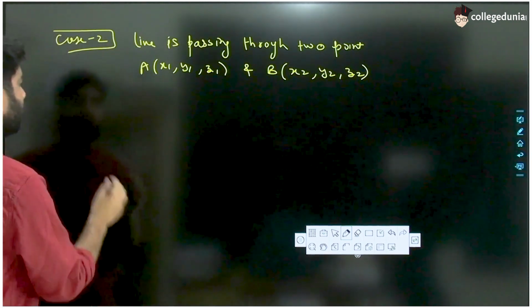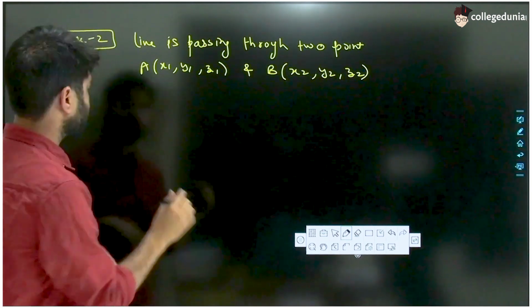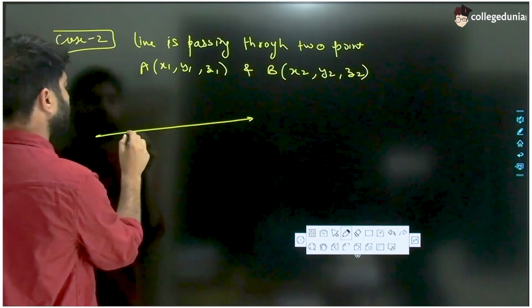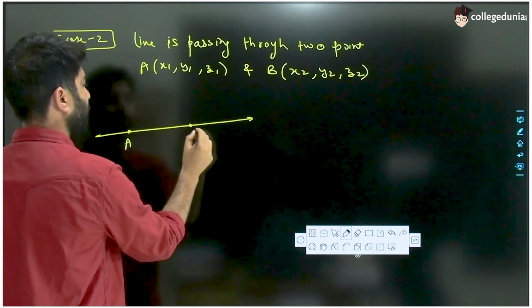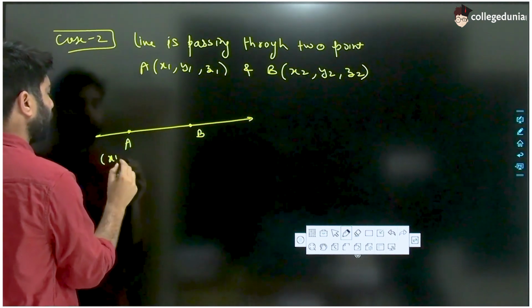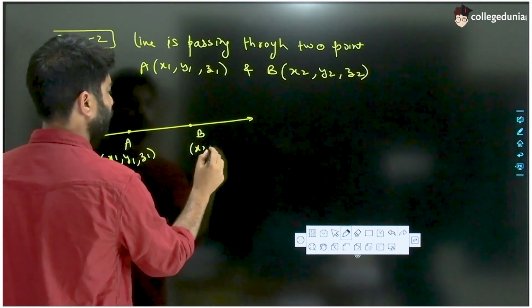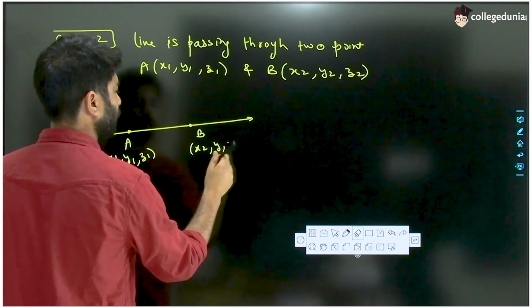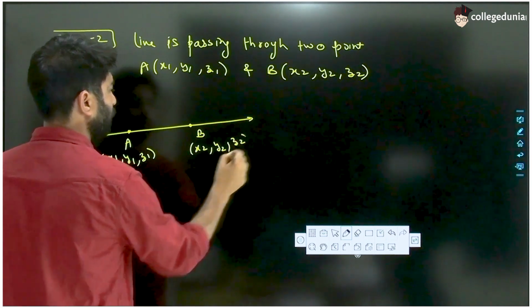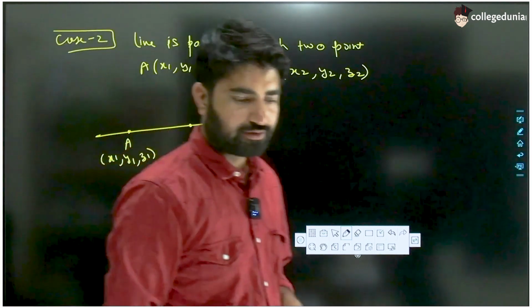So there is no parallel vector in this situation. There is a point A and a point B. The coordinates of A are x1, y1, and z1, and the coordinates of B are x2, y2, and z2. No parallel vector is given.